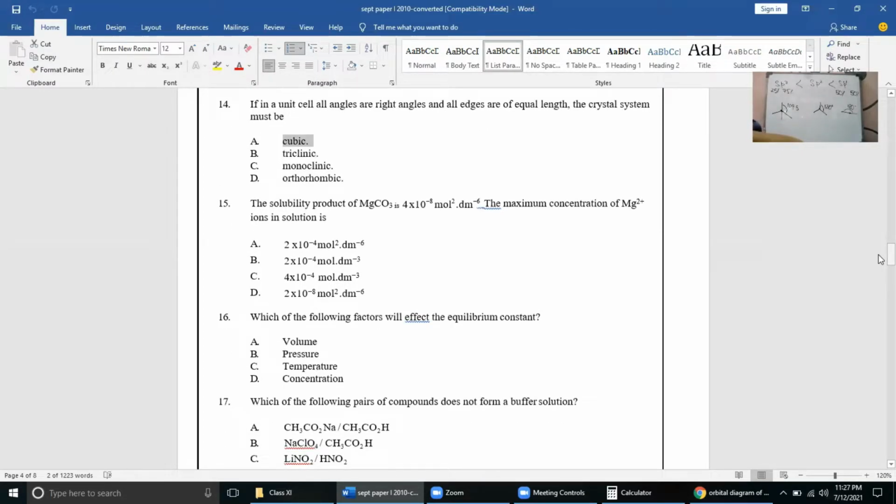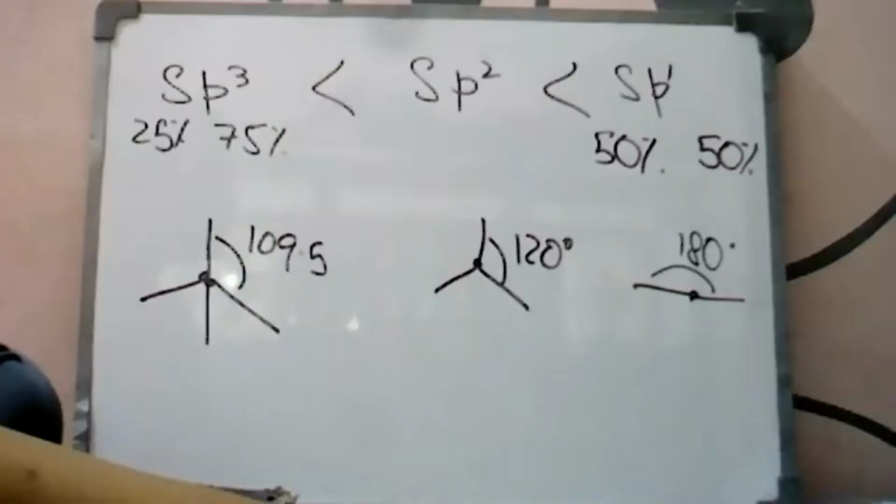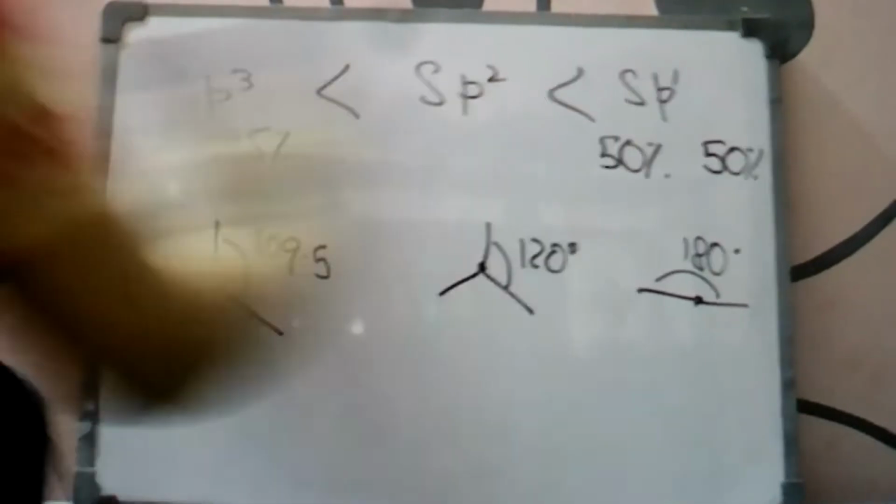Number 15, the solubility product of magnesium carbonate is 4 exponent minus 8. The maximum concentration of magnesium plus 2 ion in solution is. So here you need to do some calculation.